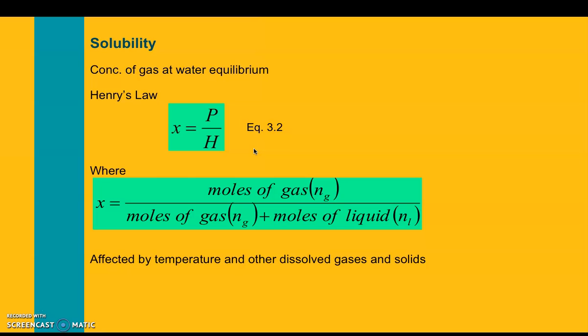As you have learned before in chemistry, the mole fraction of a gas can be calculated using another equation, which equals the moles of a certain gas over the total number of moles of gas and liquid.